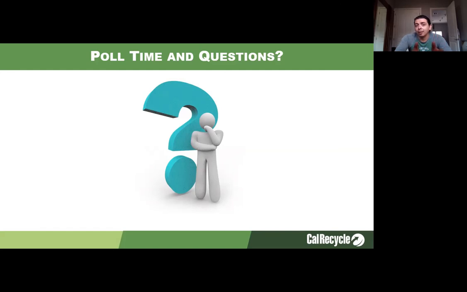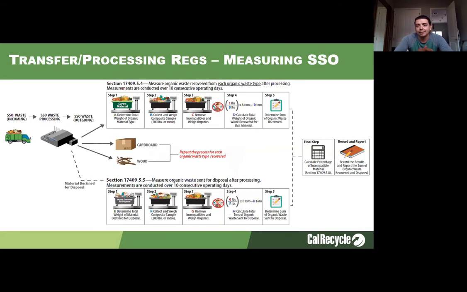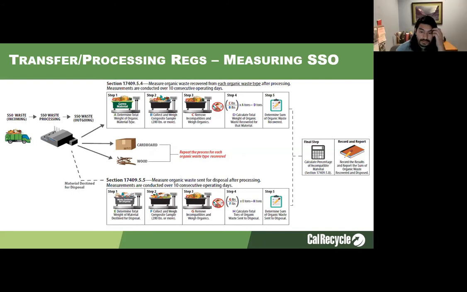As Martin mentioned with the EA duties and responsibilities, if the EA verifies, based on record reviews, that the measurements are not accurate, the EA does have the authority to increase measurement frequency, so increase measurements beyond that 10 consecutive operating day frequency, or they can revise the protocol in order to get accurate measurements for those numbers in the records. So great job with that. I see no additional questions in our chat, so let's pass things back to Martin. Great, thanks, Marcus.